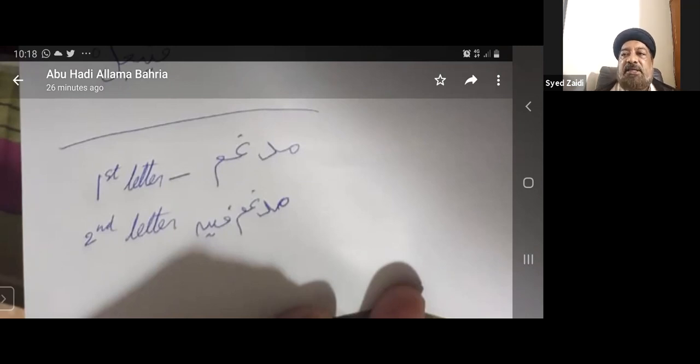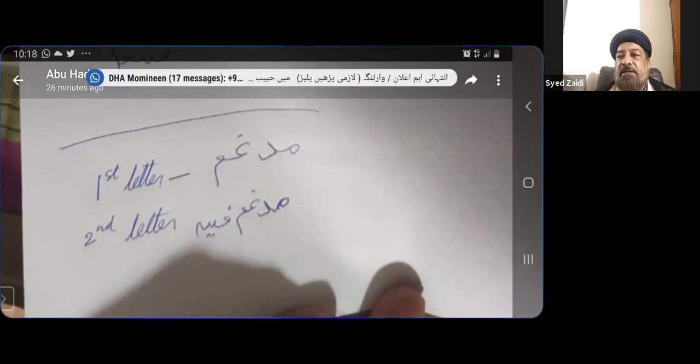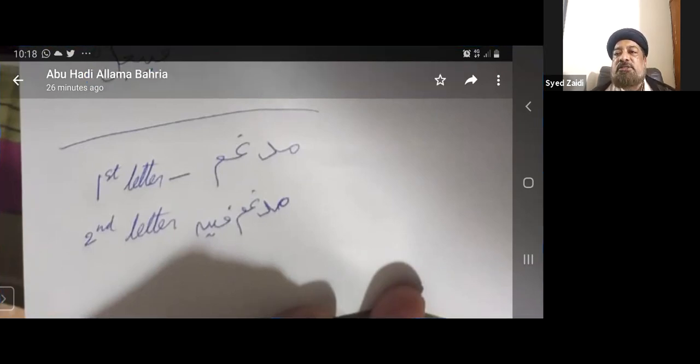The second letter into which it has merged is called mudgham fih. The first letter in the 2 lams of mu'allim, right? Or madda, right? So the 2 dals. The first dal was mudgham, and the second dal is called mudgham fih.